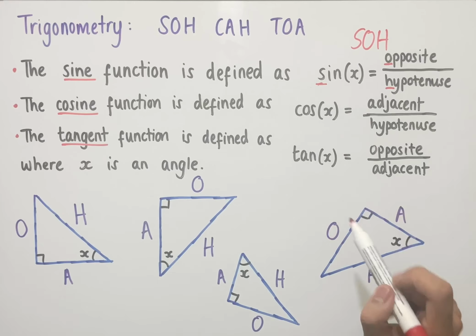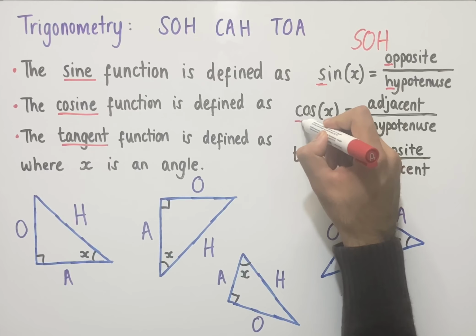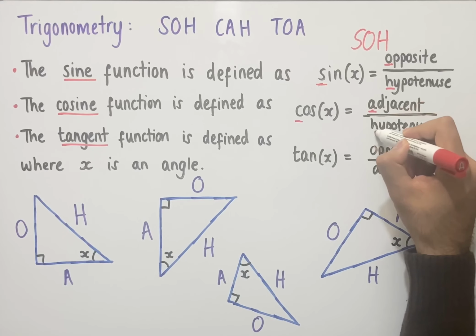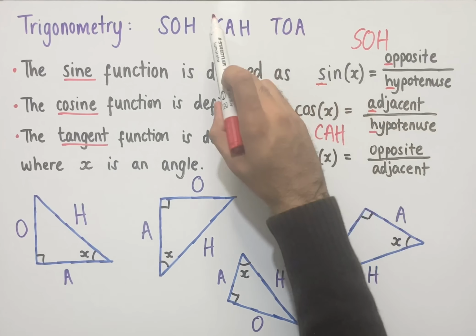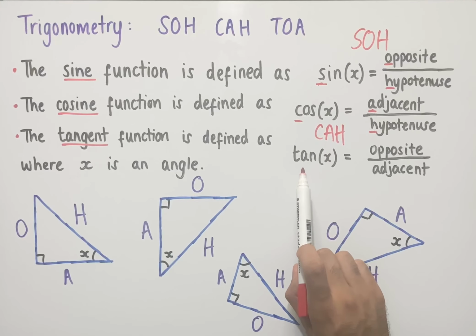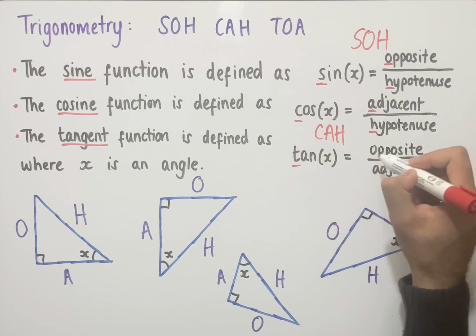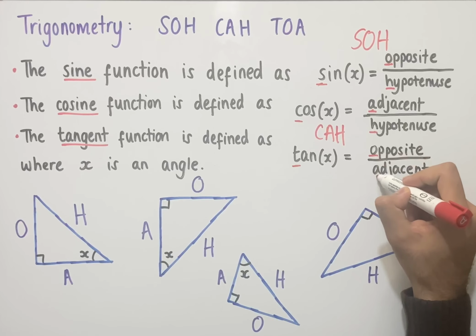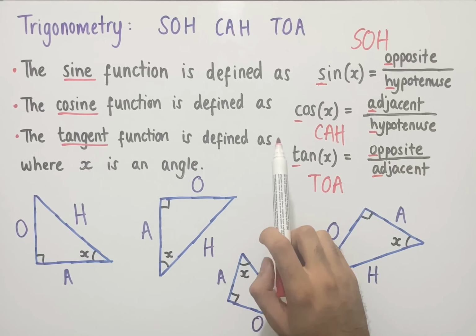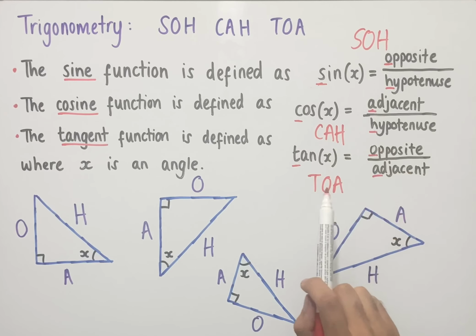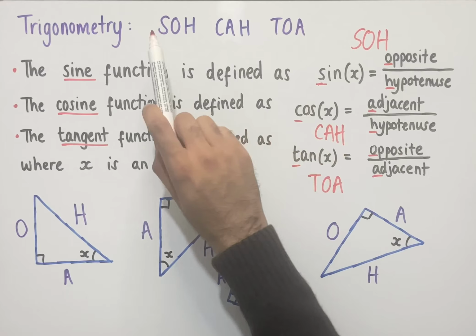For the second equation, again, take the first letter of each word, so C, A, and H, we get CAH, which is the second part. And then finally, for the last equation, the first letter here is T, first letter here is O, first letter here is A, and so we get TOA. And so an easy way to remember these equations is to use these acronyms, so Soh Cah Toa.